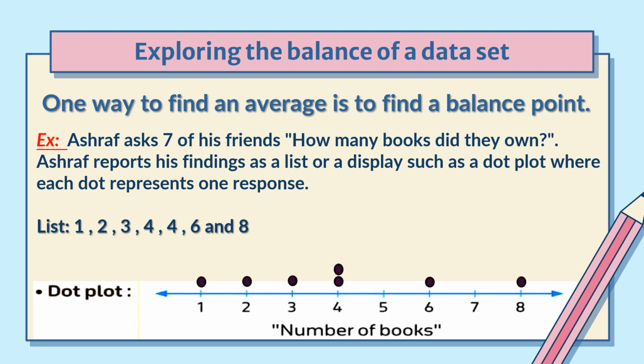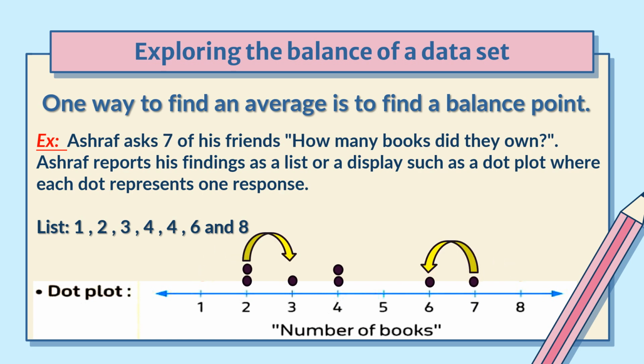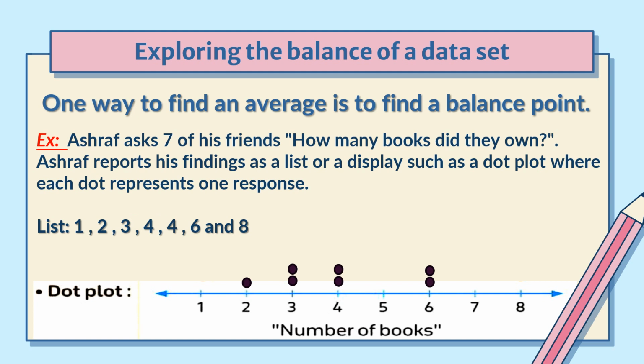To find the balance point, we need to move 1 point from the right with 1 point from the left, like this. And then we are going to move them again, 1 point from the right with 1 point from the left. Another time, we need to move 1 point from the right with 1 point from the left, like this.